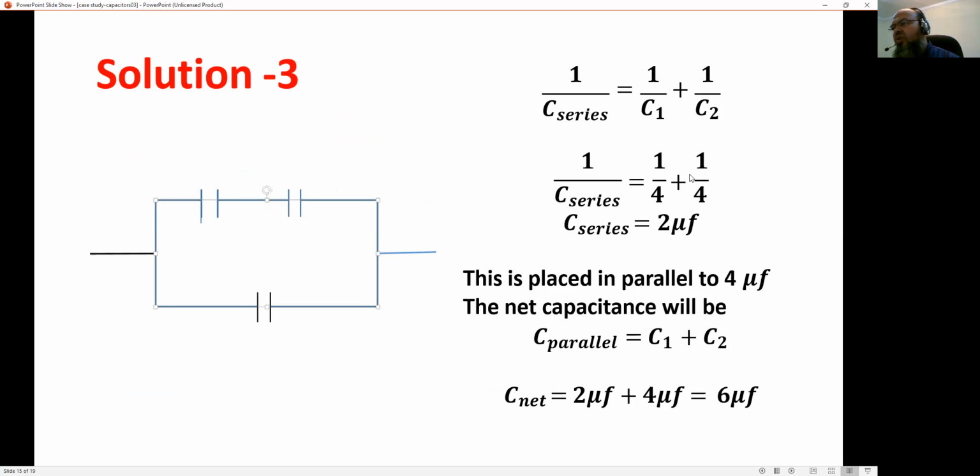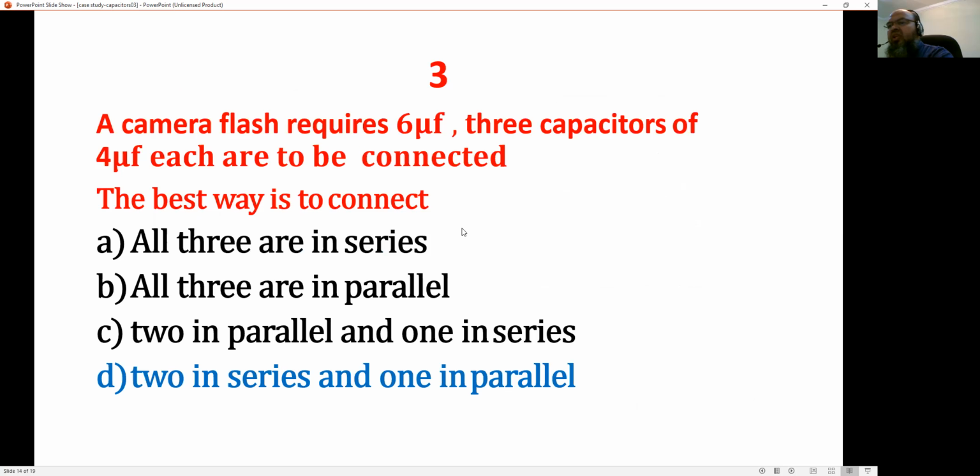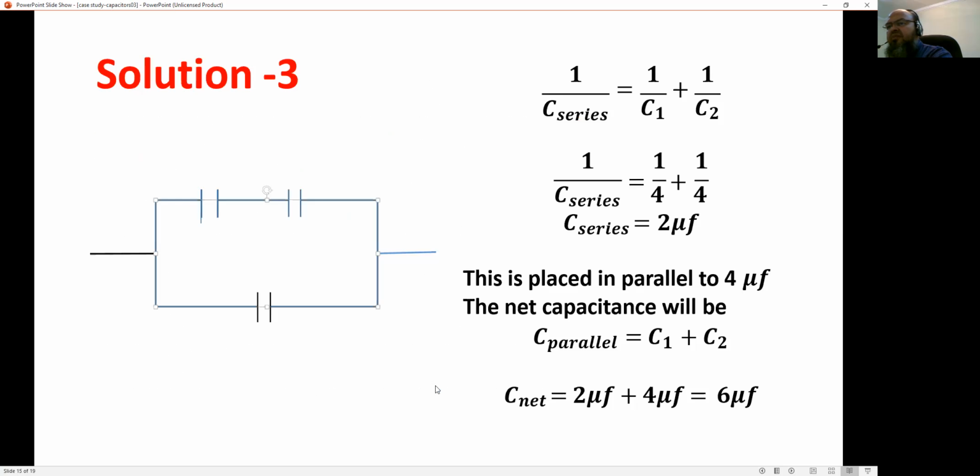So 4 and 4 in series, answer is 2. And when 2 and 4, sorry, are connected in parallel, then answer is 6 microfarad. So this is the way that 2 in series, 1 in parallel will give you 6 microfarad. Okay, so D option is correct.